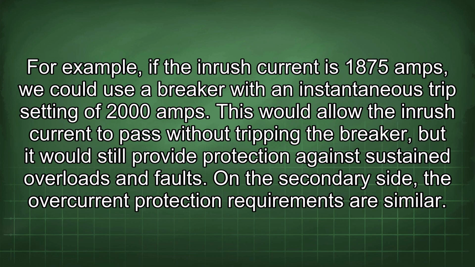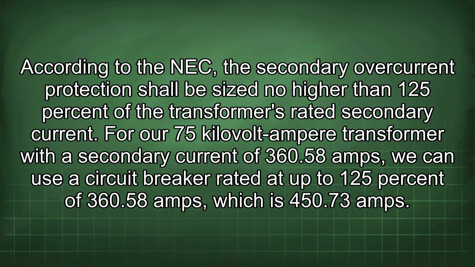On the secondary side, the overcurrent protection requirements are similar. According to the NEC, the secondary overcurrent protection shall be sized no higher than 125% of the transformer's rated secondary current. For our 75 kVA transformer with a secondary current of 360.58 amps, we can use a circuit breaker rated at up to 125% of 360.58 amps, which is 450.73 amps.